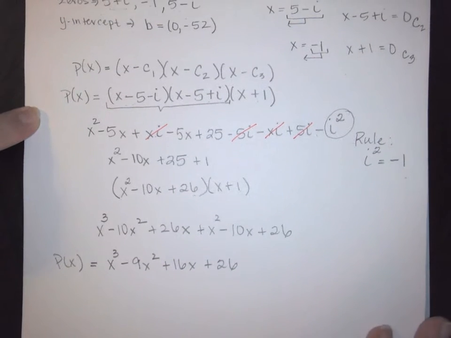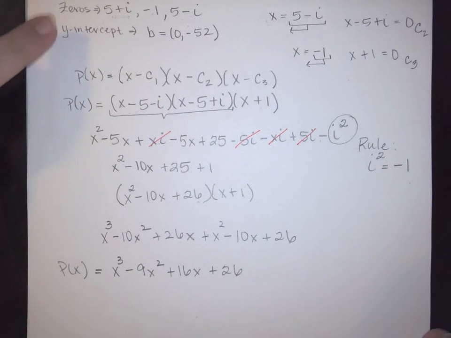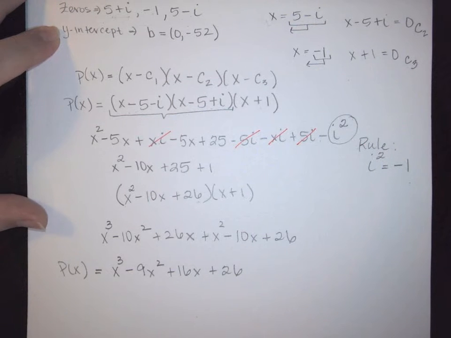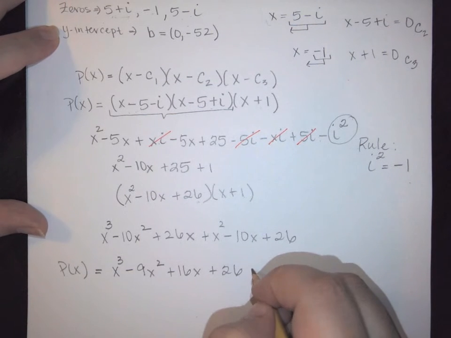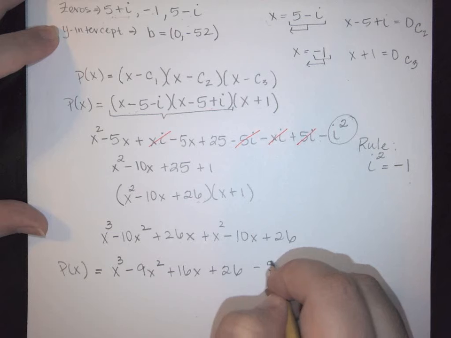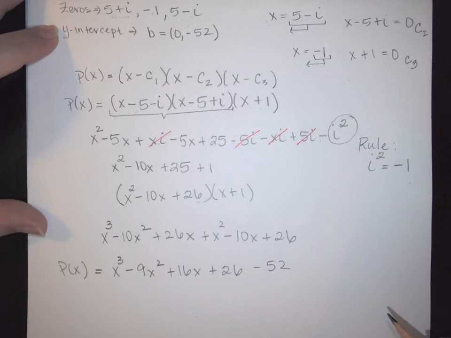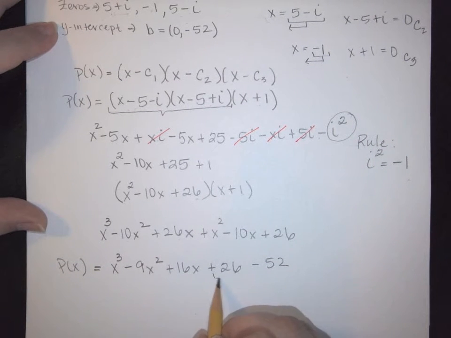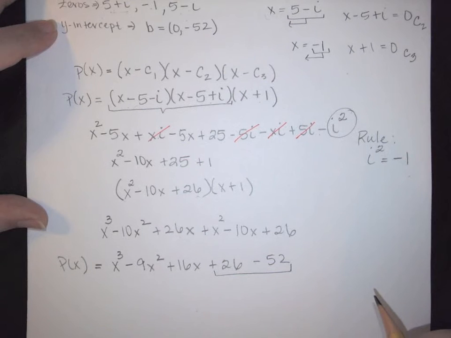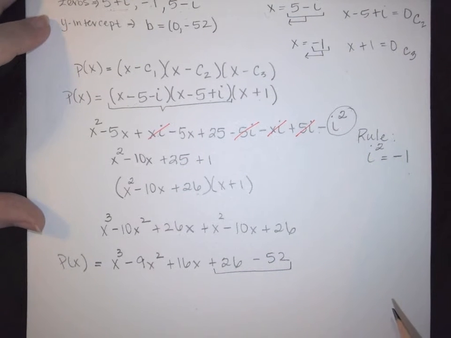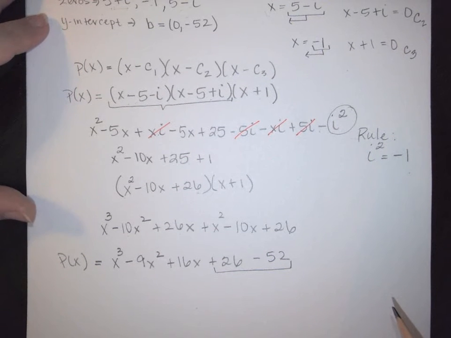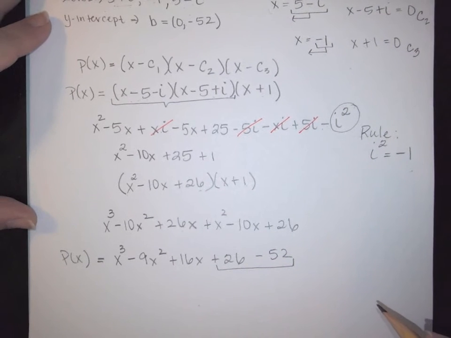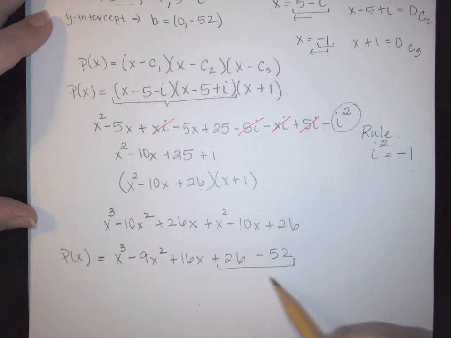However, there's one piece we have not used yet, which is the y-intercept. So the y-intercept essentially says that we also have this negative 52 on the end. So we need to combine my terms together in order to utilize that negative 52 because it is your y-intercept value.